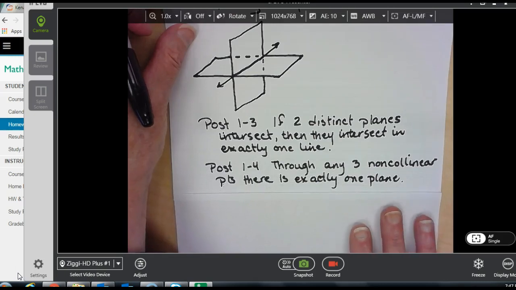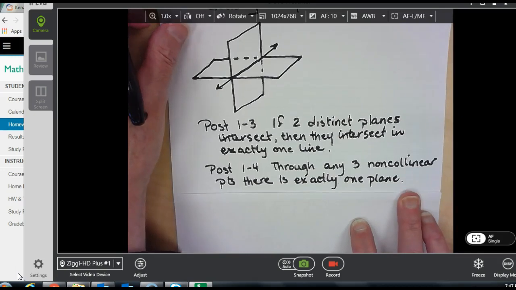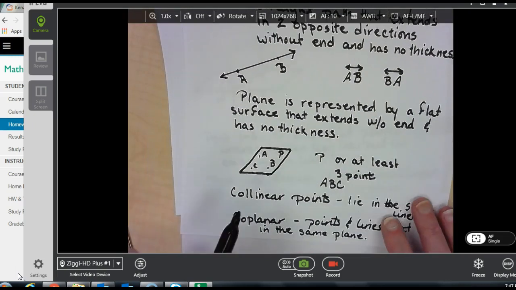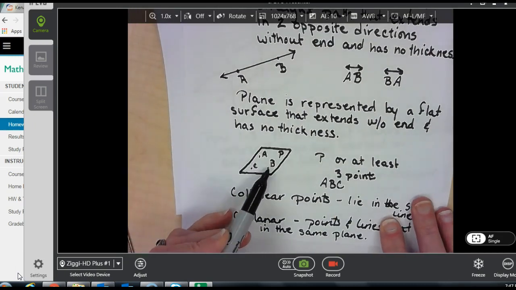Our next postulate, through any three non-collinear points, there is exactly one plane. If you go back to your picture where we showed what a plane was, I actually showed you, let me pull that one back out, three non-collinear points on that plane.